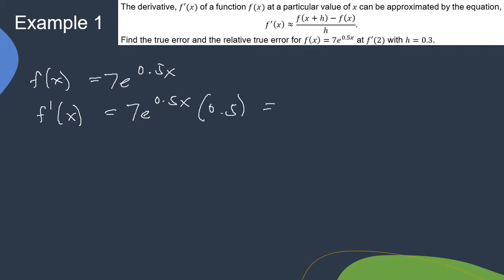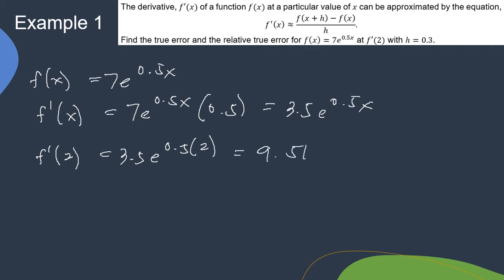This is now equal to 3.5 e raised to 0.5x. Substituting for f prime of 2, we now have 3.5 e raised to 0.5 times the value of x, which is 2. This is now equal to 9.514.